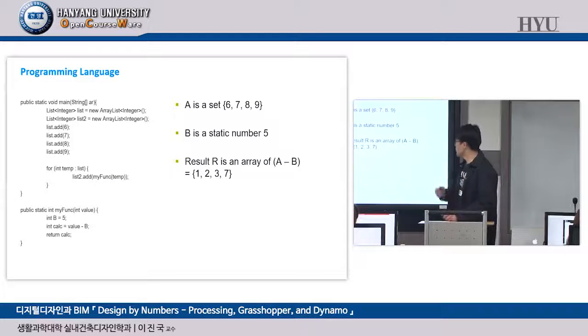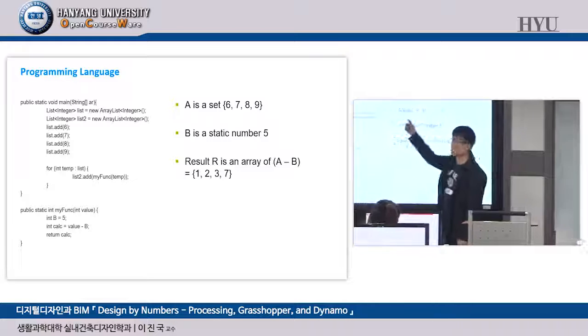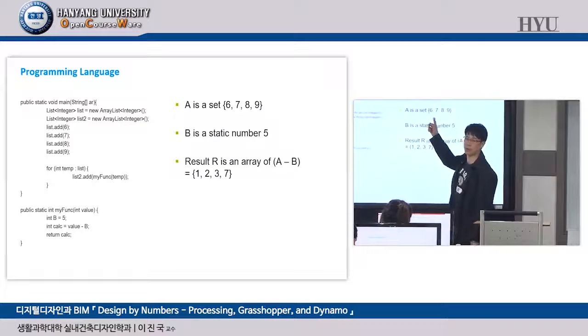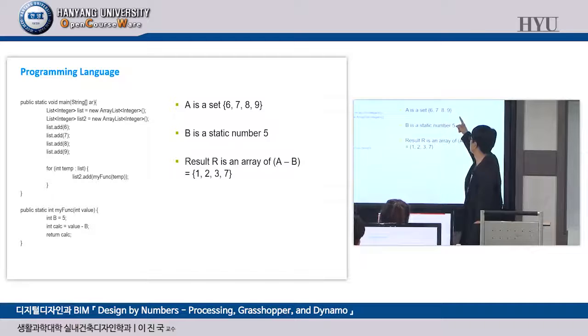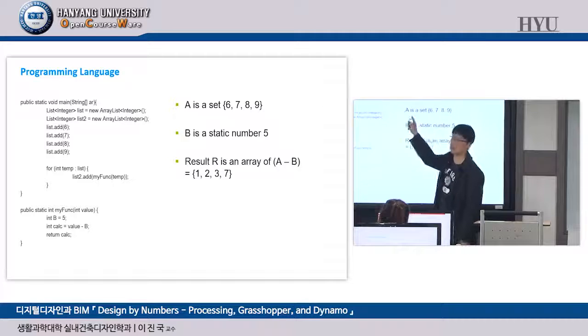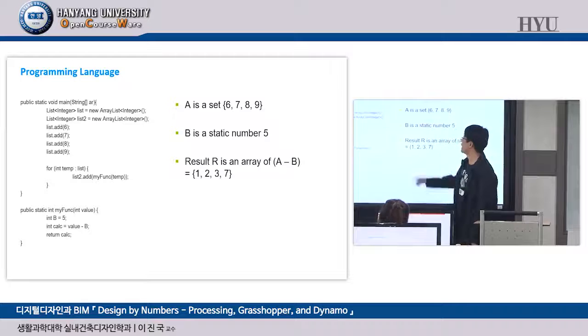Okay, very simple thing, okay? There is a set, an array, a sequence of numbers 6, 7, 8, 9, okay? There is a set, and its variable name is A. And B is a static number 5.